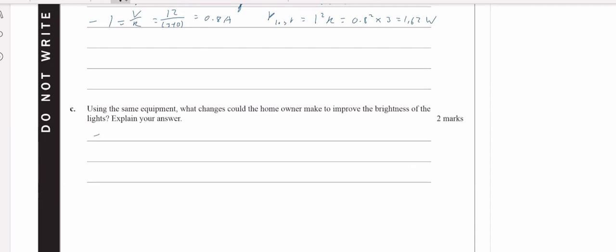So the change they could make is they could place a transformer at the entertainment area as a step down transformer.